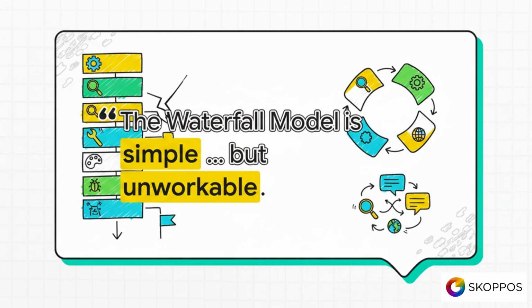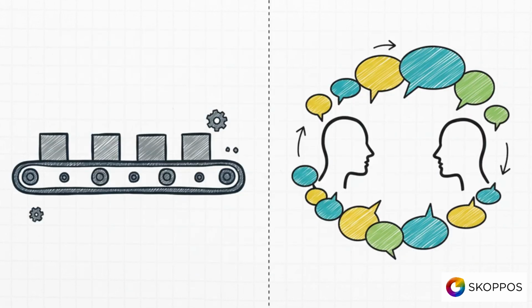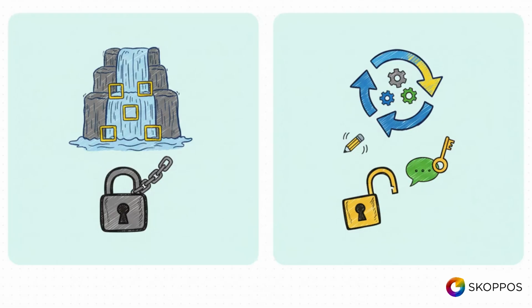I mean, what if a user doesn't even know what they truly want until they see something that actually works? The industry had to shift gears. They needed to stop treating software like this fixed construction project and start treating it more like a living, breathing thing. It had to become a flexible, ongoing conversation between the people building it and the people who would actually be using it. This comparison right here makes the difference crystal clear.